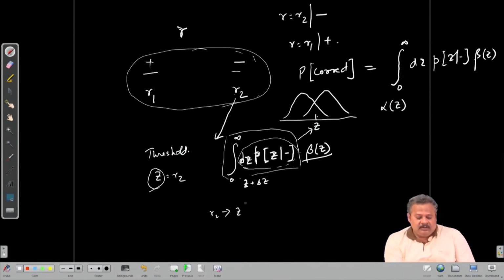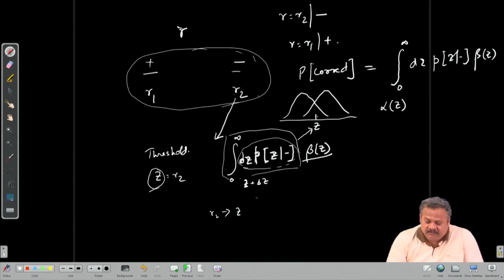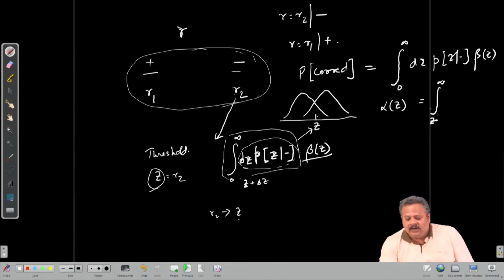So the actual stimulus was minus, and if this is our z, we essentially get the integral of z going from z to infinity, that is over this range.